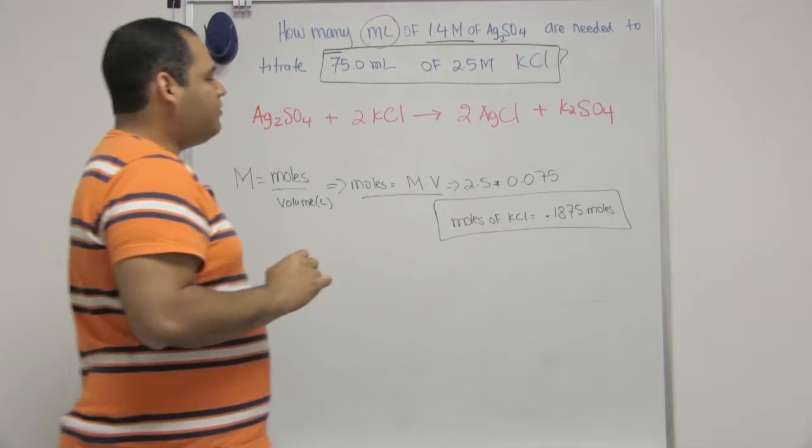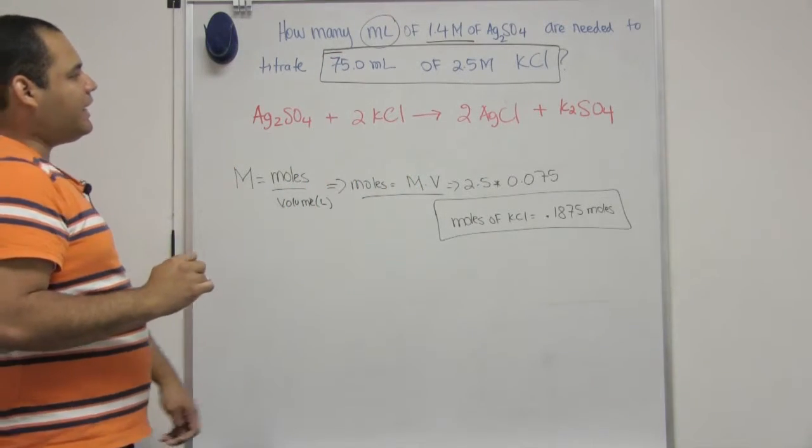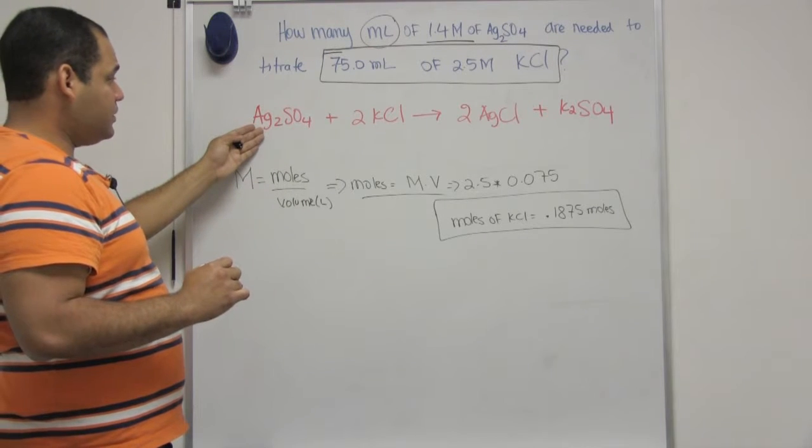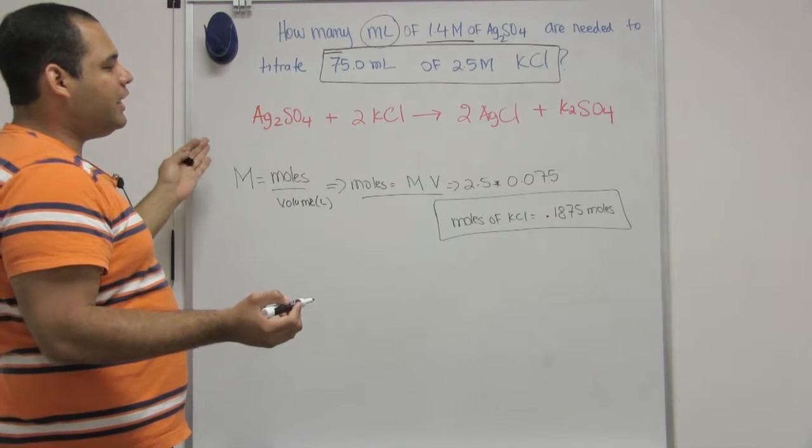Now that I have the moles of KCl, I can figure out the moles of silver sulfate. How do I do that?